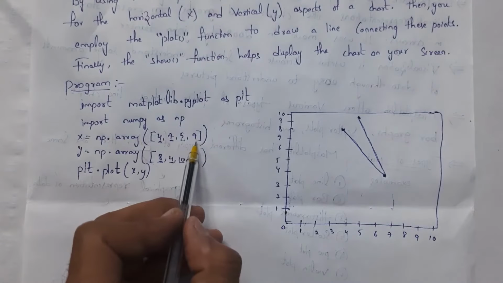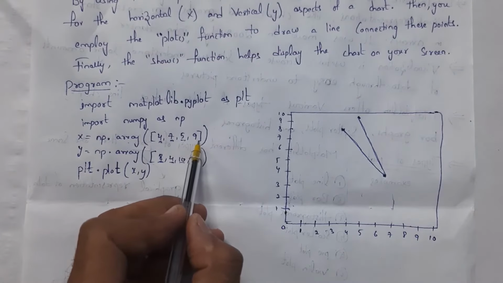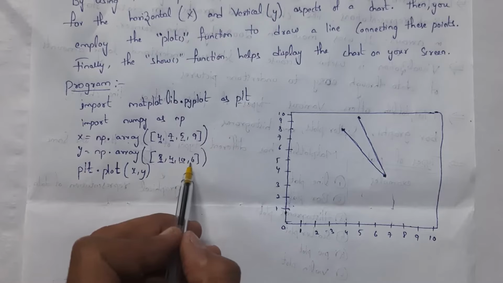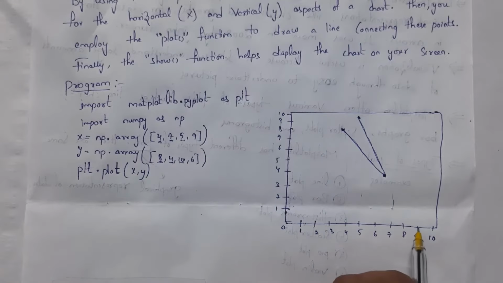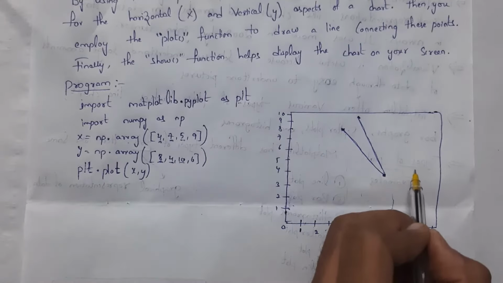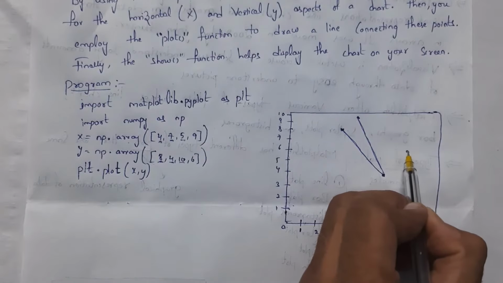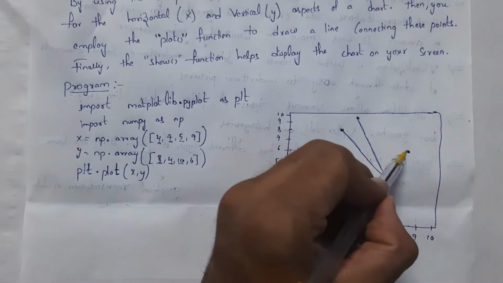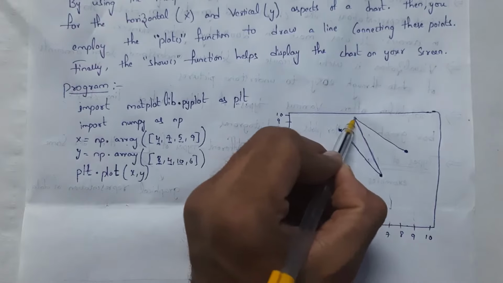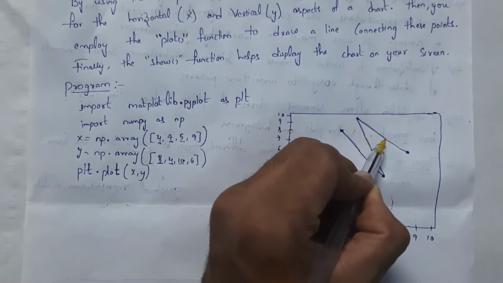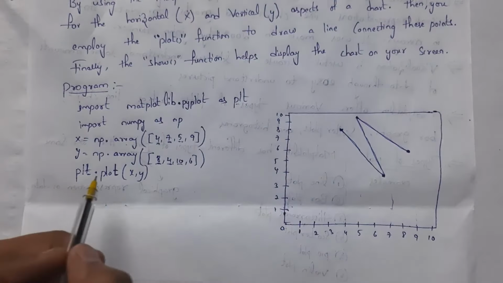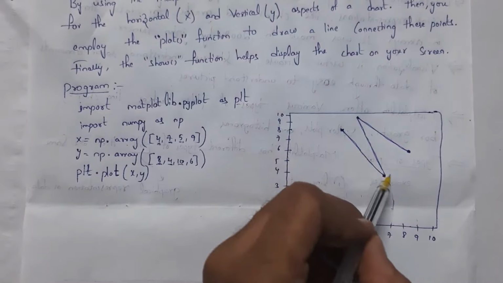And the next two values, x value is 9 and y value is 6. It will form a line. It will keep on joining these points. So by using this plot function, we can create line plots.